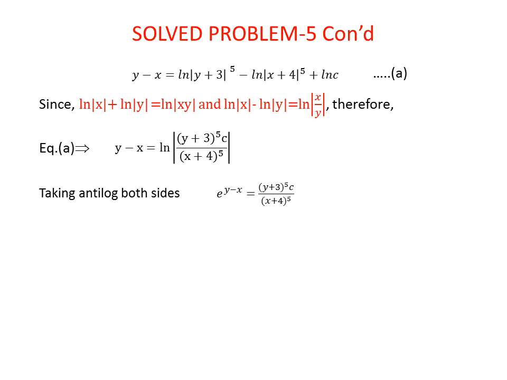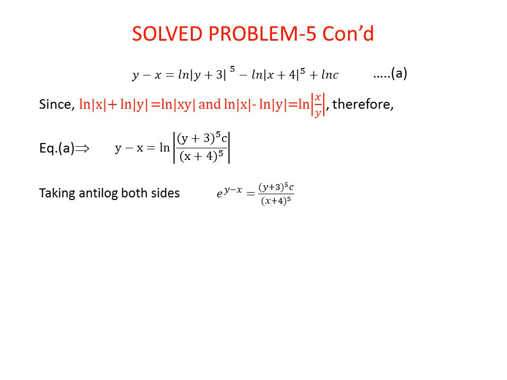For example, in the last equation we have e to the power y minus x is equal to, but on the right hand side there is no natural logarithm or exponential, because if we write e to the power ln x, then e and ln cancel and only the argument x remains.